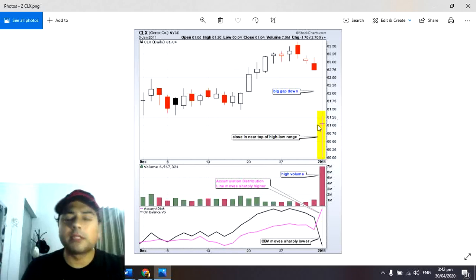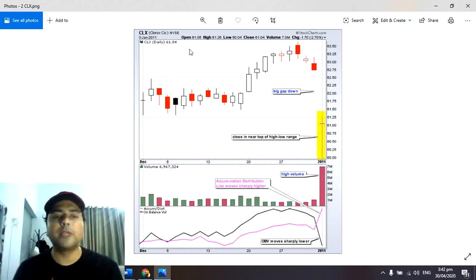This is the difference. OBV considers the previous day's closing price, while accumulation distribution only considers today's closing price relative to today's high-low range. As you can see from the CLX chart, there is a big gap down and a huge volume, and you can see the accumulation distribution indicator rising very steeply, while the OBV indicator is falling very sharply at the same time.